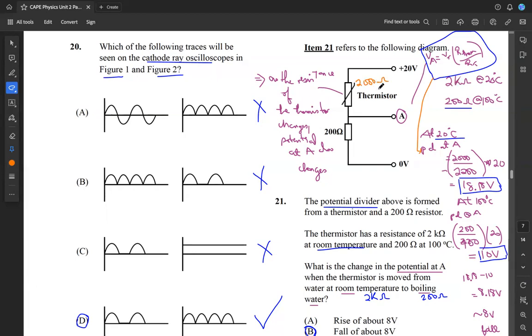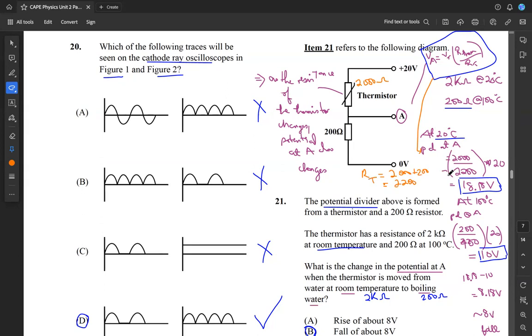That's what they told us in the question. So we're going to take that 2,000 and add it to this 200 to get the total resistance. So remember, we're working with our formula here. RT is equal to 2000 for the thermistor, plus the 200 from that resistor right next to it. So RT will be 2200, right?